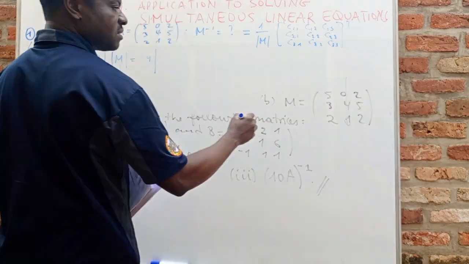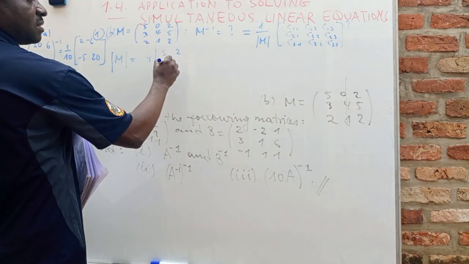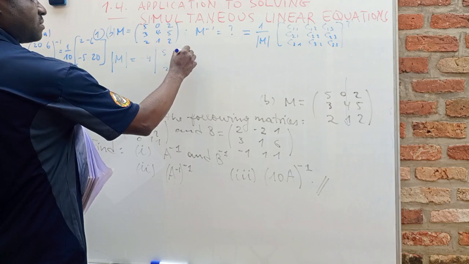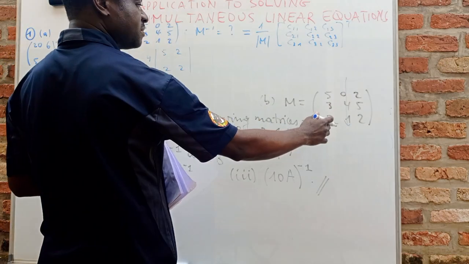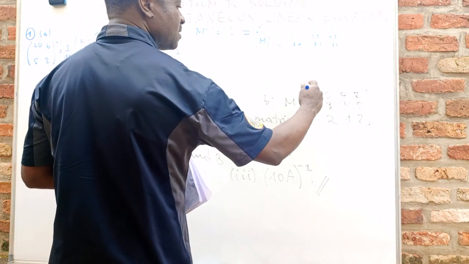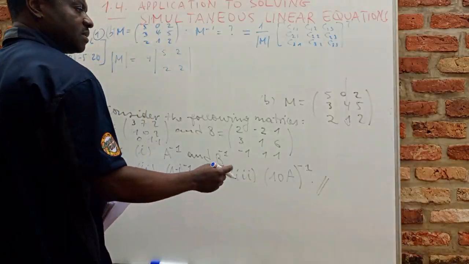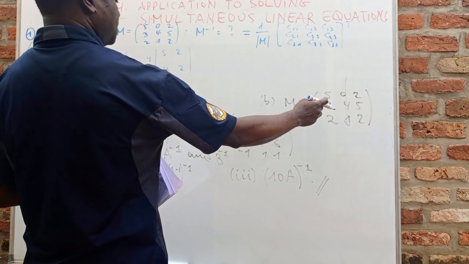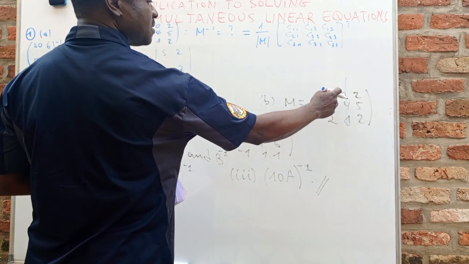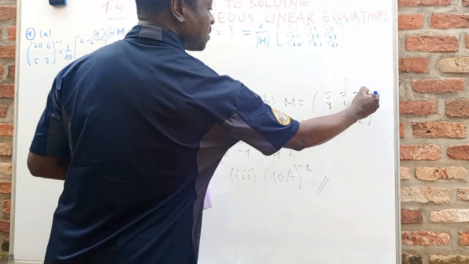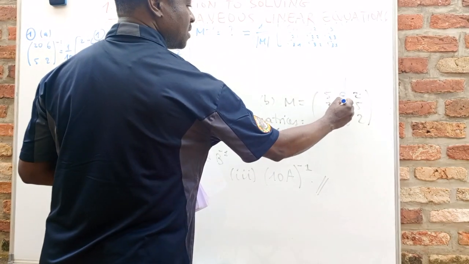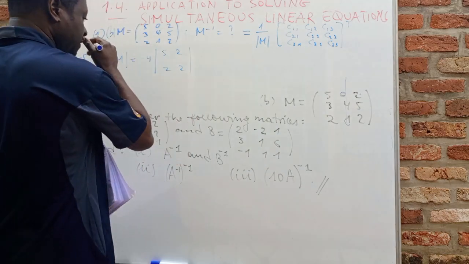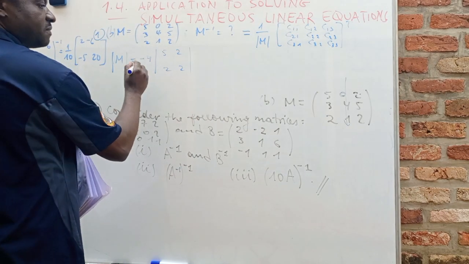This row we remove 5, 2, and 2, 2. After removing the first column and the first row, you get 3, 5. No, we'll remove this one. No, it is for this coefficient with the negative sign, negative 4.